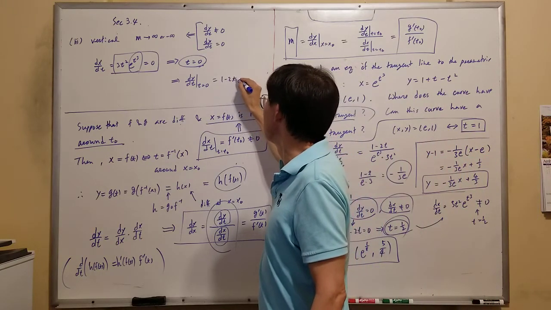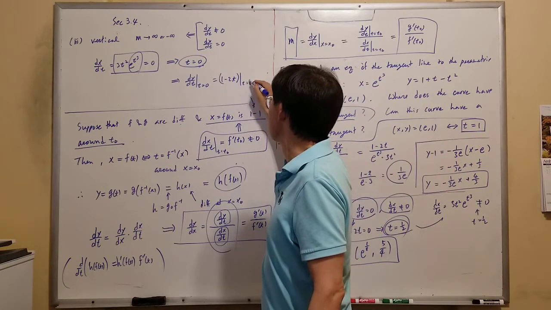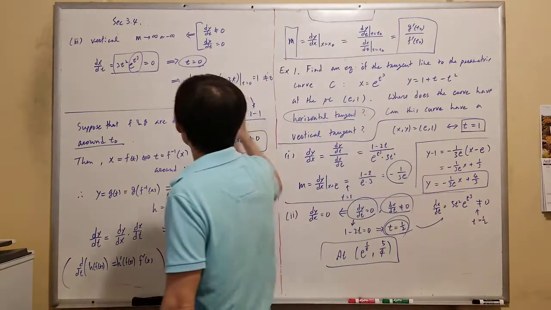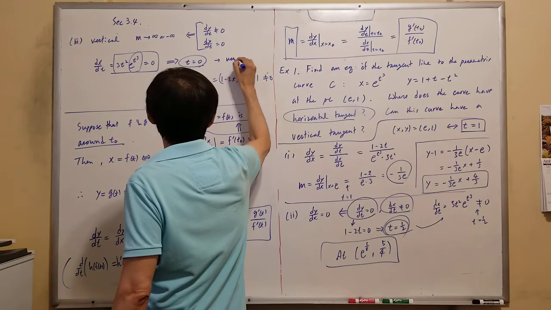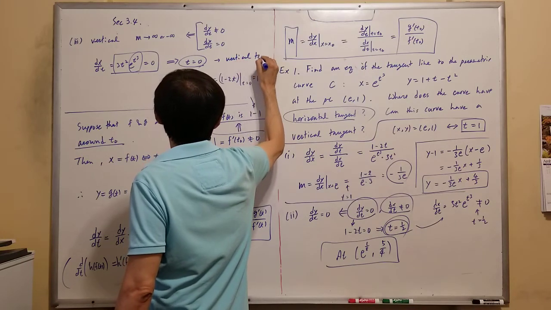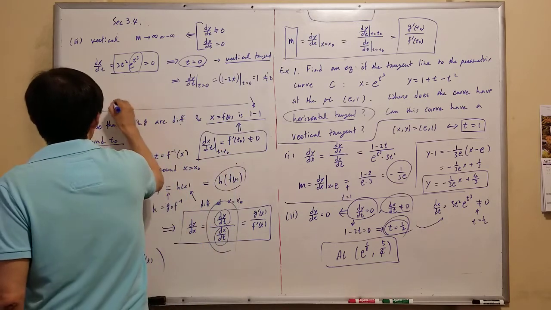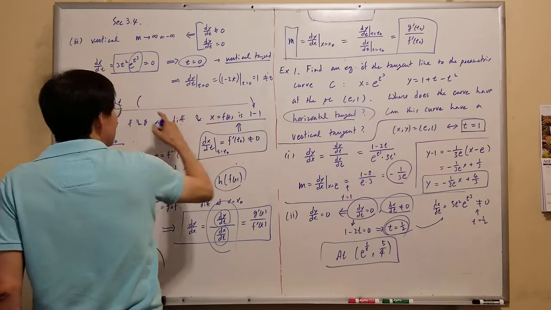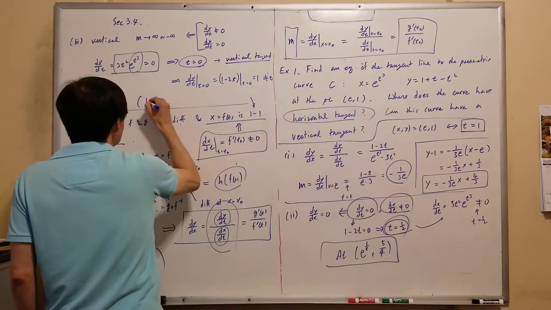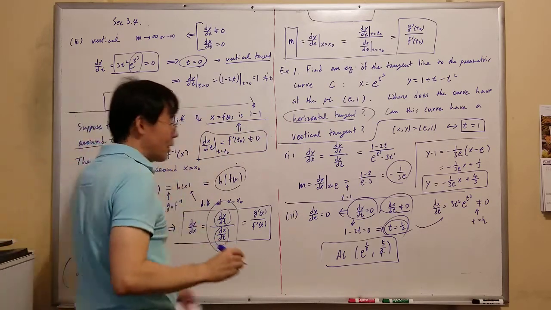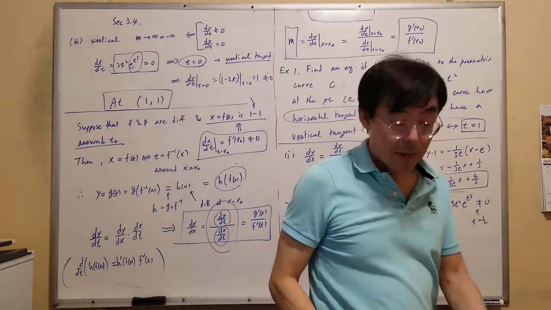With t equals 0, it's 1. Oh, non-zero. Yes, it is vertical. Therefore, vertical tangent line. So where? At t equals 0. e to the 0 equals 1. t equals 0. So at (1, 1), you're going to have a vertical tangent line.